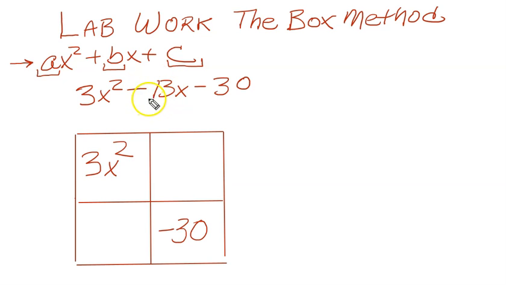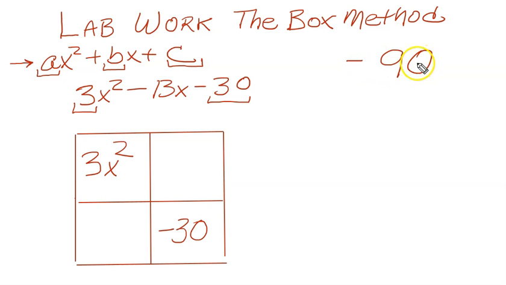Now we're looking to find out what our B item would be that we would put here. And the protocol would be to multiply the A term by the C term. And this gives us a 90 and a negative 90. So we'll concern ourselves with the signs here shortly.